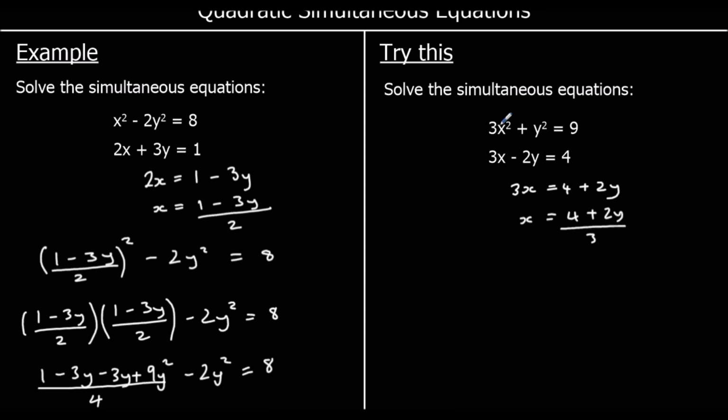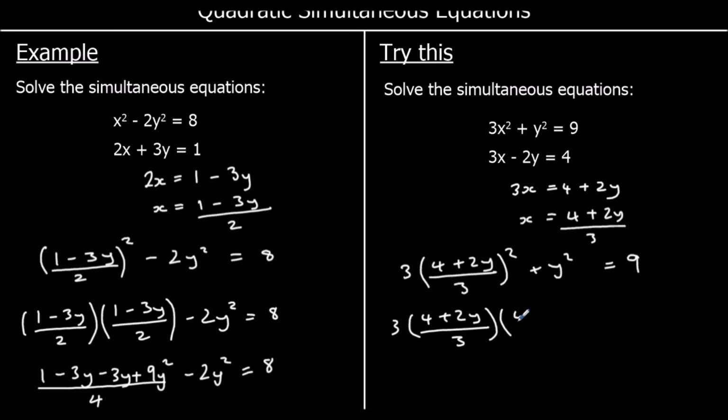We can substitute that into our top equation. So we've got 3 times this squared plus y squared equals 9. Squared means multiplied by itself. So we're going to change this into double brackets, and we're going to expand them.